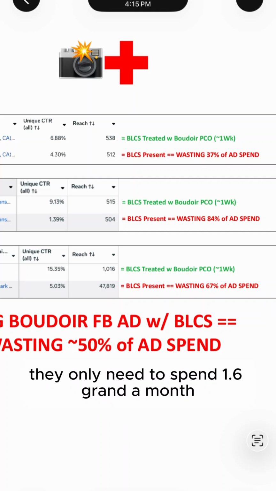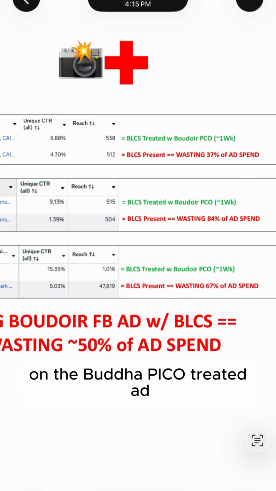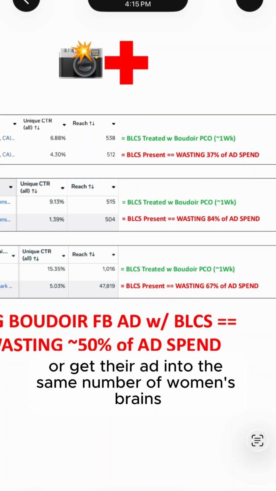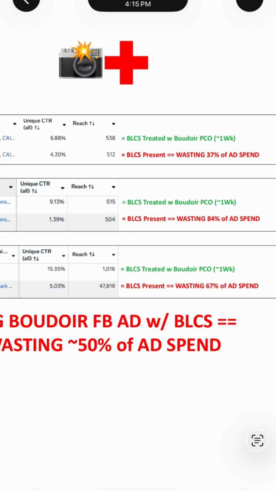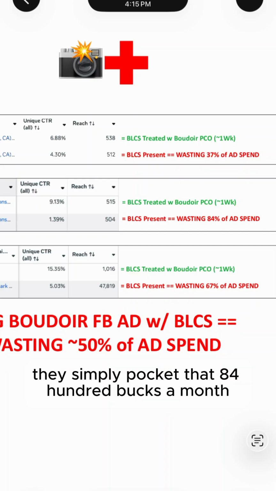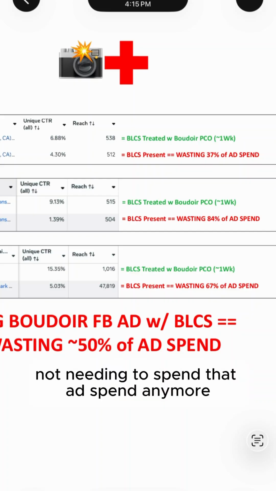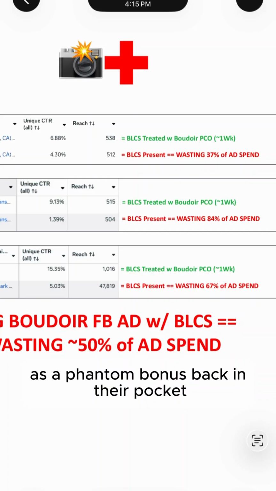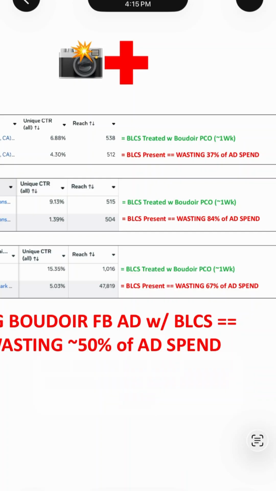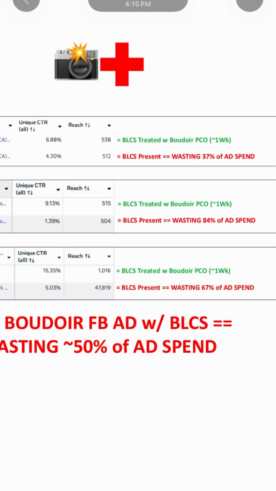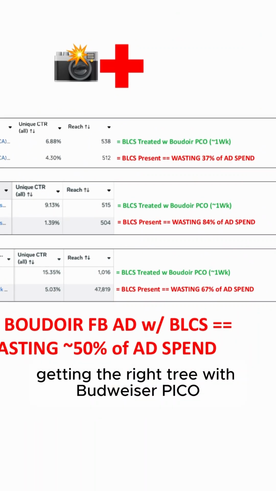Now they only need to spend 1.6 grand a month on the Boudoir Pico treated ad to get their ad into the same number of women's brains in both scenarios. So they simply pocket that $8,400 a month, not needing to spend that ad spend anymore, as a phantom bonus back in their pocket, no extra work required. That's like a 100 grand bonus at the end of the year by simply getting their ad treated with Boudoir Pico.